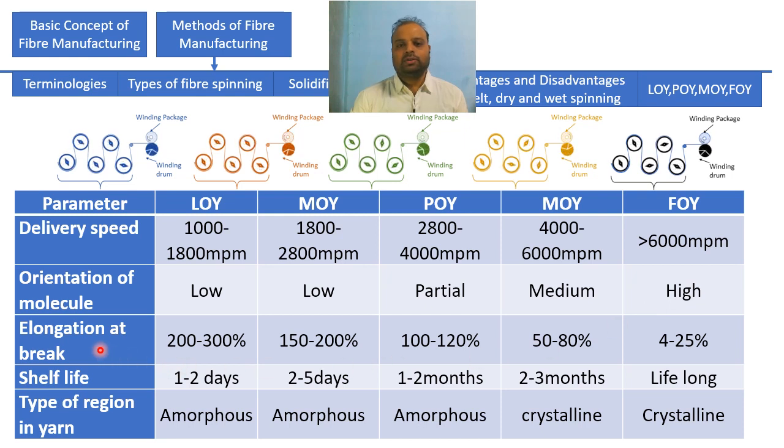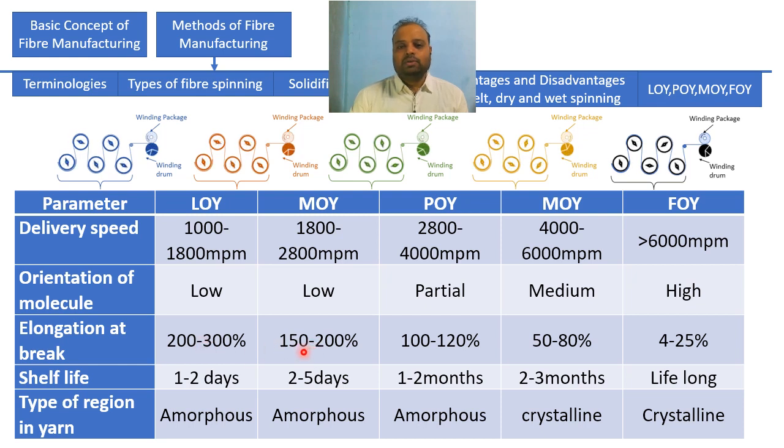Now let's talk about the elongation at break. Once you create this type of yarn, you can elongate it 200 to 300% of its original length. That means if you take 1 centimeter of LOY yarn, you can stretch that 1 centimeter up to 3 centimeters in length, right? So it has the highest stretching ability.